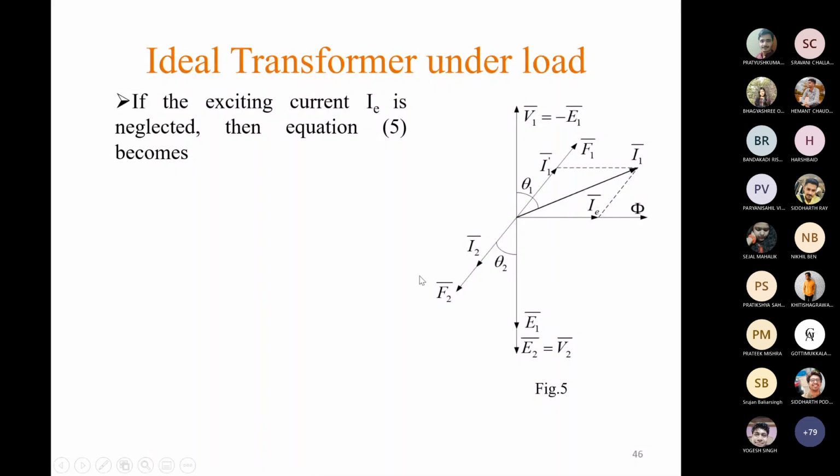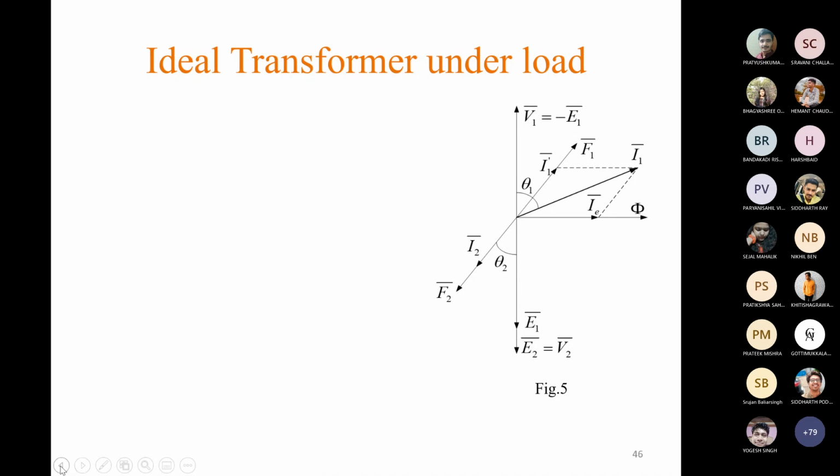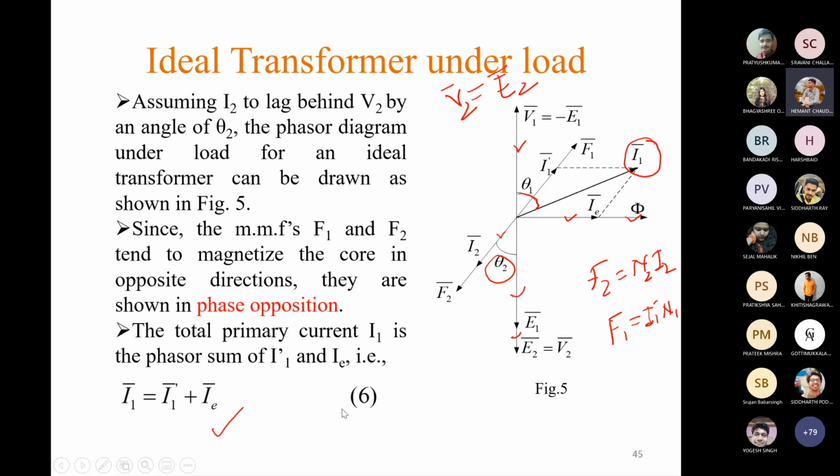Sir, that F1 and F2, can you explain that again? Is that electromotive force due to I2 and I1 dash or I1? No, not electromotive force, magnetomotive force, MMF. F2 is the MMF produced by current I2, which is equal to I2 into N2.